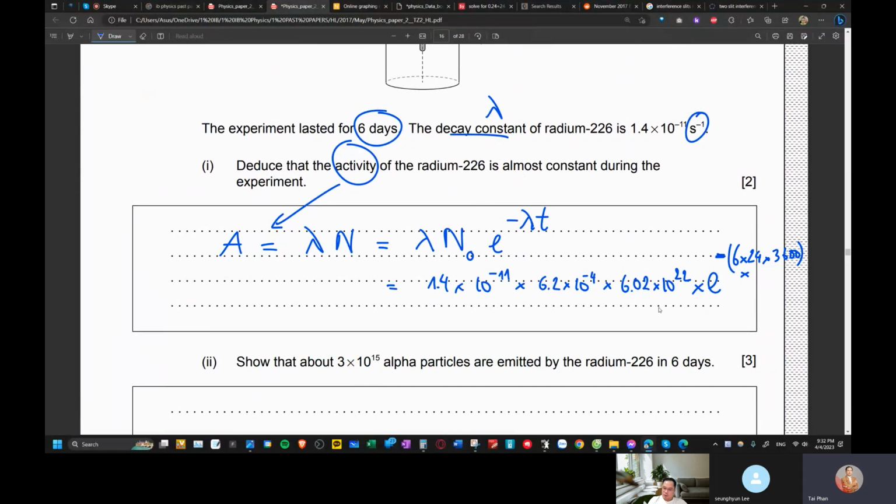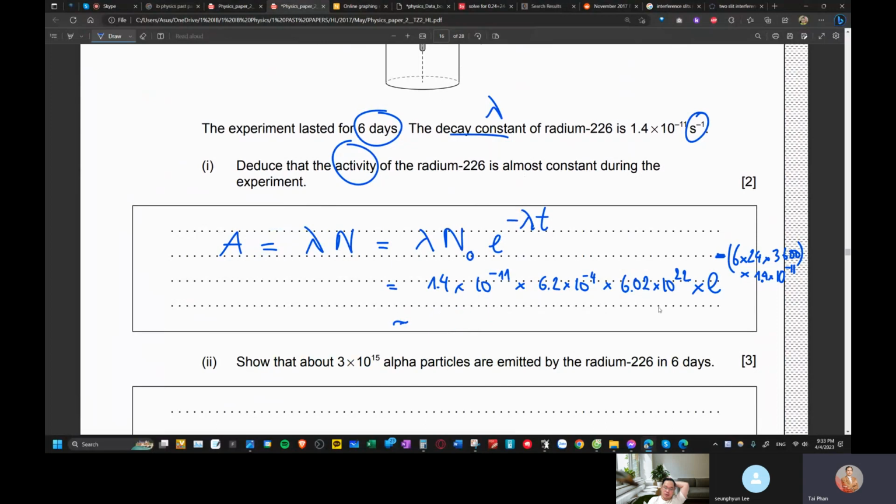Lambda is very small, 1.4 times 10 to the negative 11. Do this calculation and you see that it is approximately constant, the same with lambda. You need to calculate A0 also, approximately the same with lambda N0.